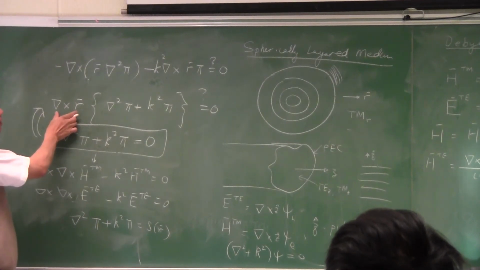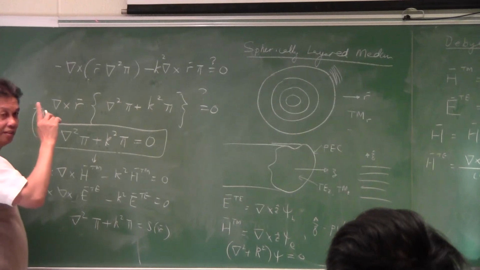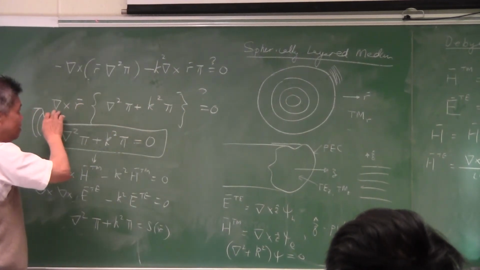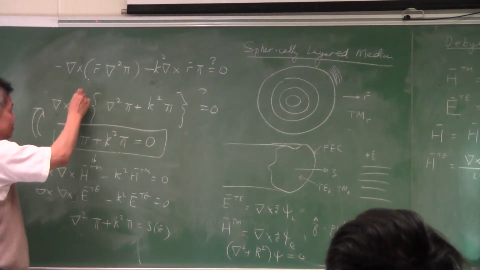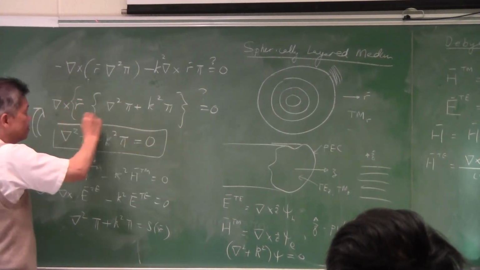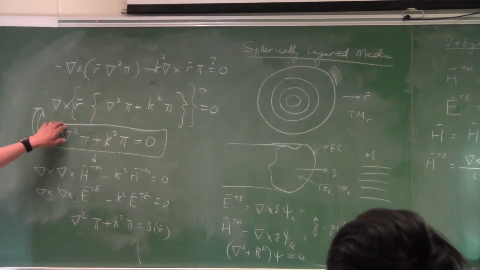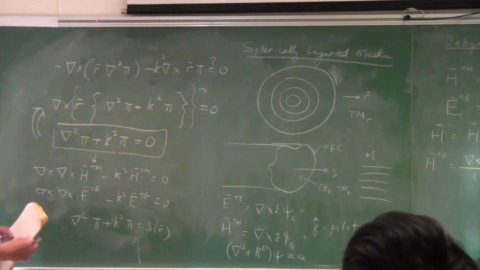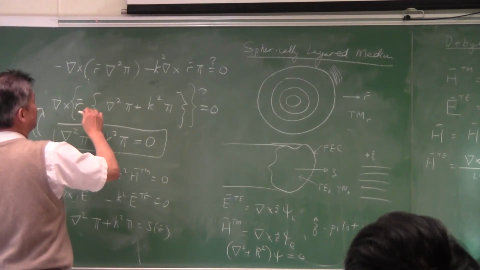I just factorize curl of R. But be careful, this curl operates on everything to its right, not just R. This operates on everything. Because I think for the chain rule there should be something like that. No, right? There's no chain rule, it's just a factorization.